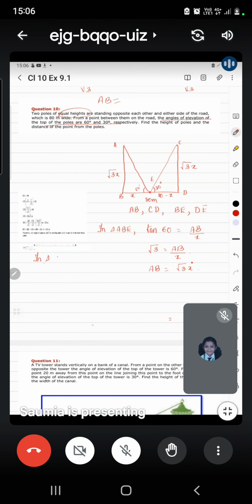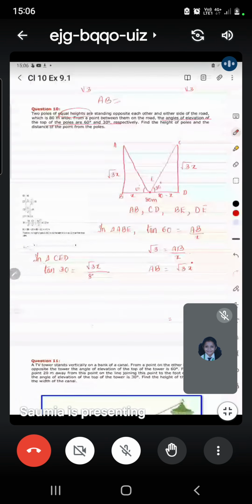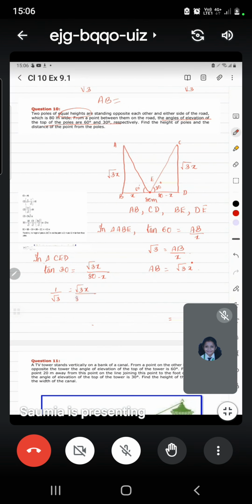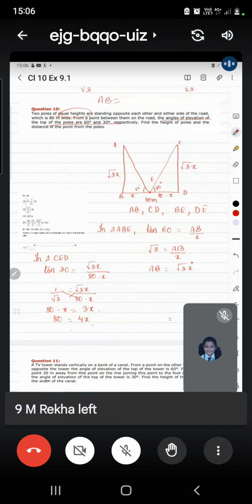In triangle CED, we can make use of our tan ratio. Tan 30 is equal to CD upon ED. CD is root 3x and ED is 80 minus x. Tan 30 is 1 by root 3. Now cross multiply. So you will get 80 minus x is equal to 3x. So 80 is equal to 4x and x is equal to 20.